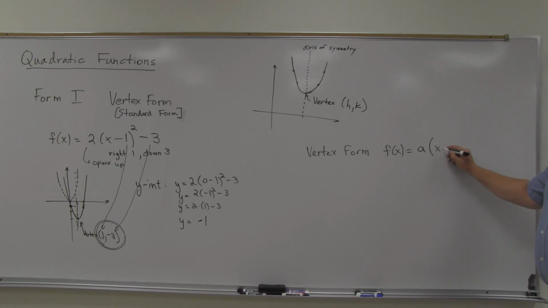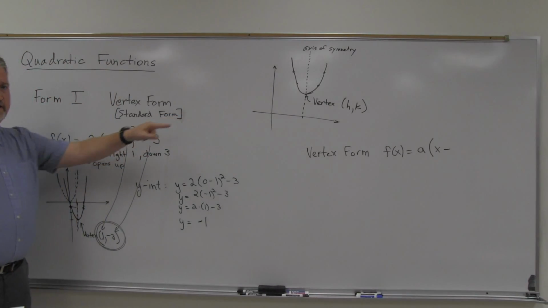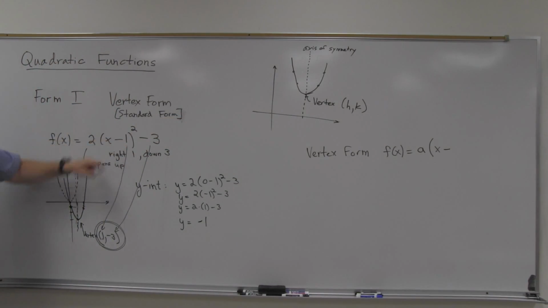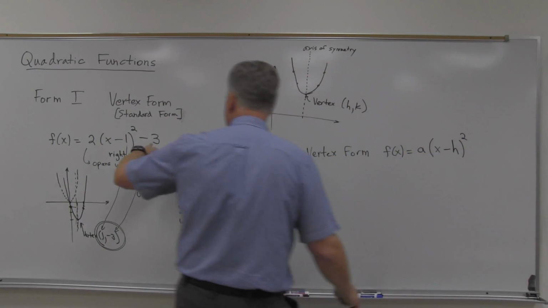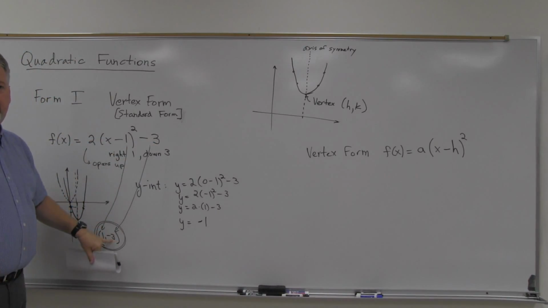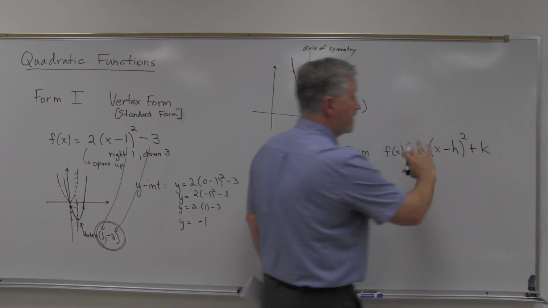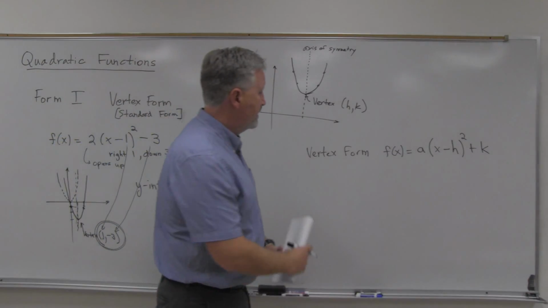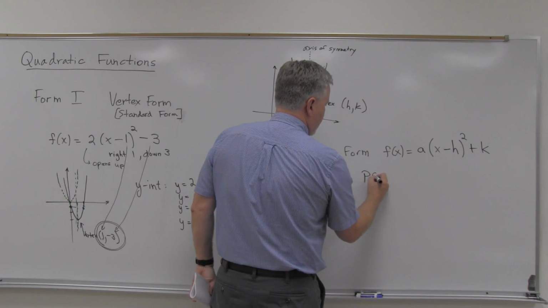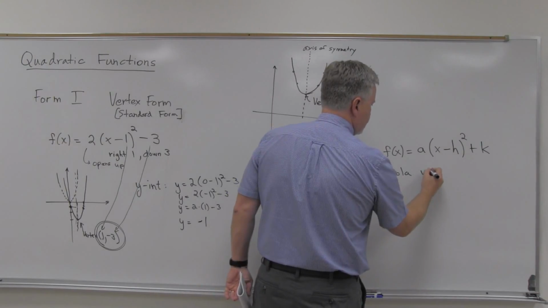Then we have x minus h, since we called the vertex h, k. And then k is the y value of the vertex. Pay attention to my signs: it's x minus h, plus k. This is vertex form of a parabola with vertex h comma k.